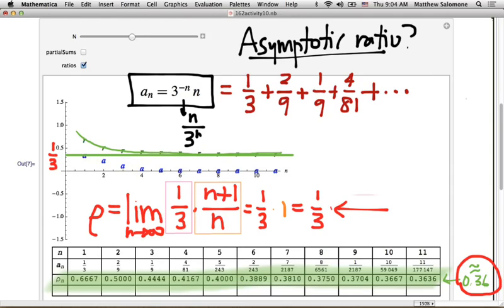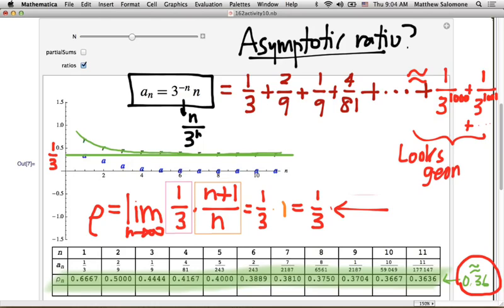But what the asymptotic ratio is telling us is that eventually, as we get far enough out in this series, it looks an awful lot like 1/3 to the 1 billionth plus 1/3 to the 1 billion and 1 plus, etc. In other words, way out in the tail, we get something that looks exactly like a geometric series.